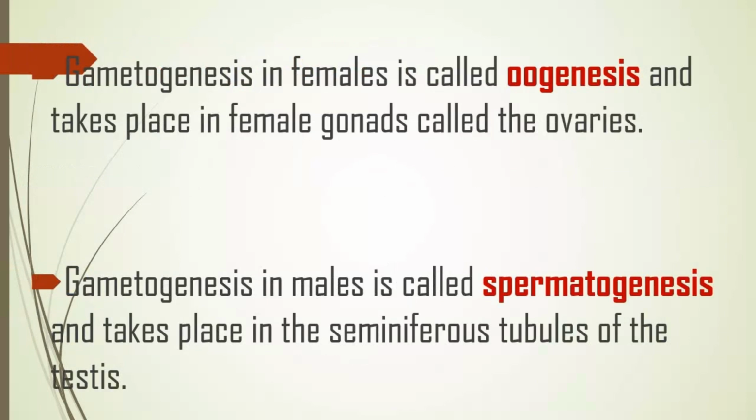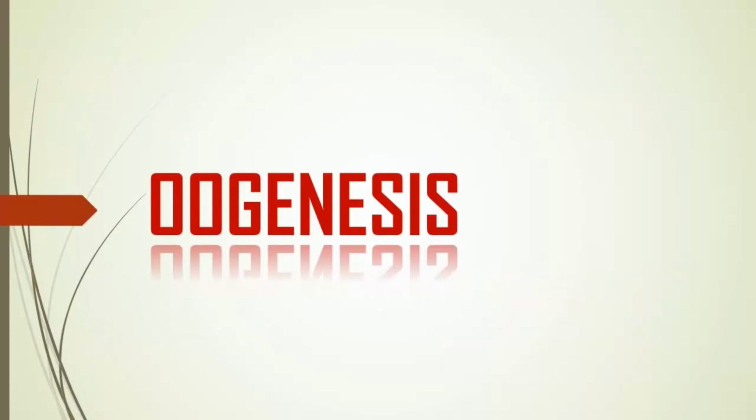Gametogenesis in females is called oogenesis and takes place in the female gonads. The female gonads are known as the ovaries. Gametogenesis in males is called spermatogenesis and takes place in the seminiferous tubules of the testis.